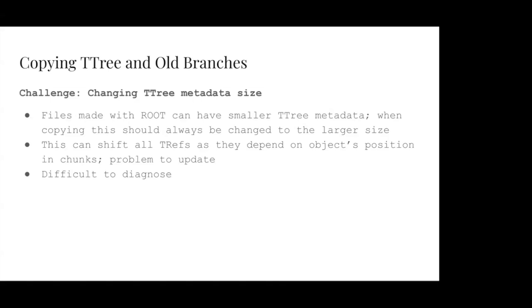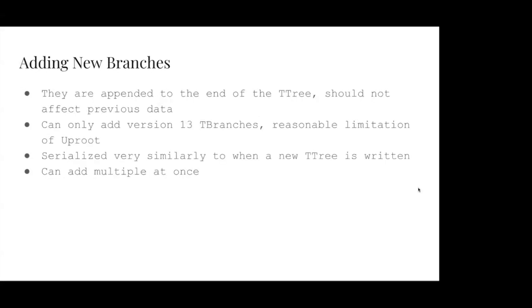So I had to find and update all the TREFs that tell Uproot what kind of object it's looking at. Finding all the places where TREFs change was a bit difficult. So that was one main challenge.